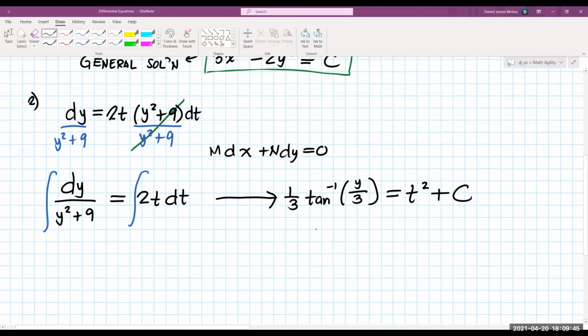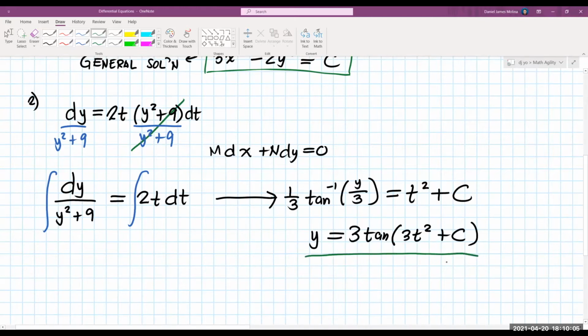And then by using algebra, solving for y, we have y equal to 3 tangent of the quantity 3t squared plus c. That is our general solution.